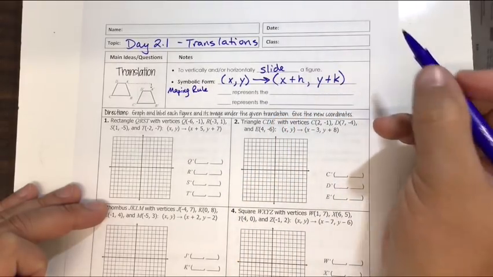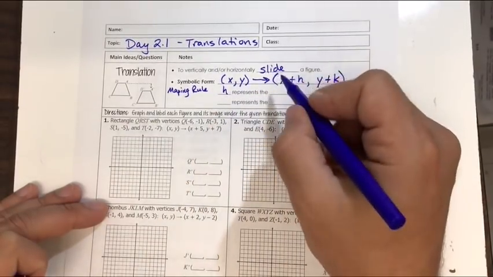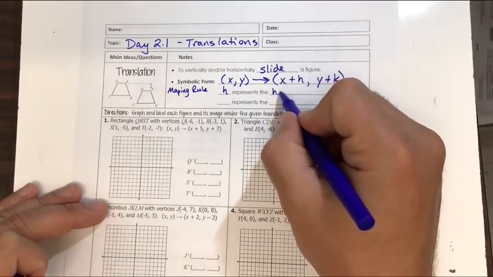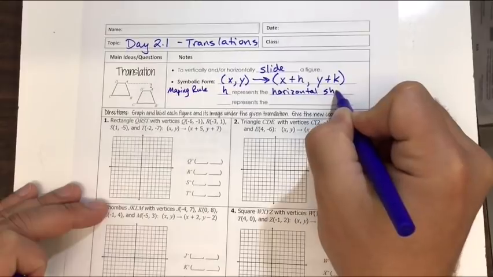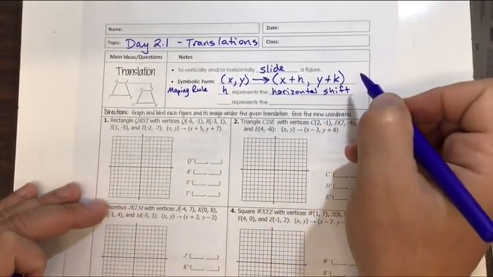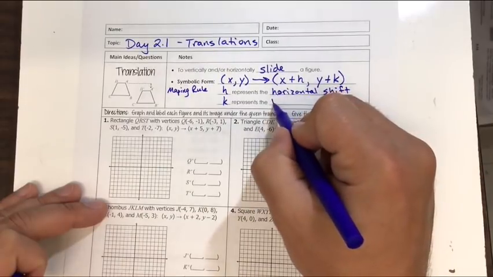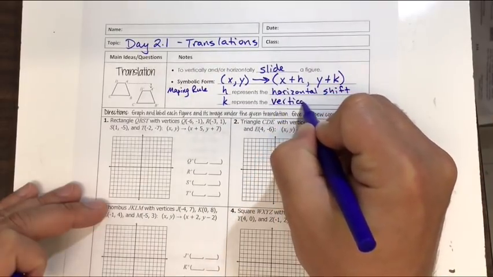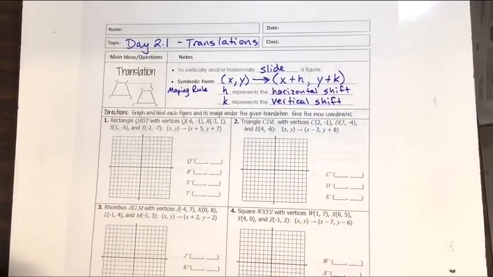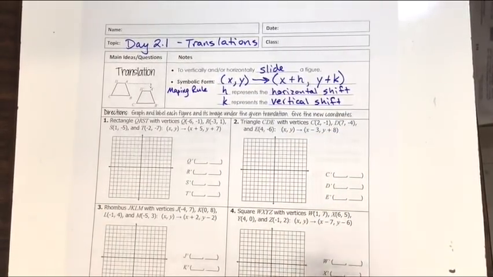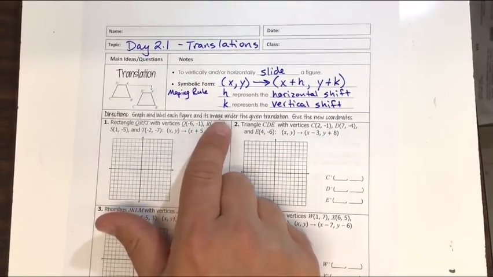Now here's what these represent. This h value represents the horizontal shift, and the k value, what we add to the y value, represents the vertical shift. So all we're really doing here is taking our ordered pairs and moving them this way.